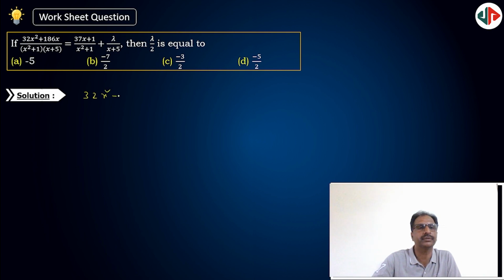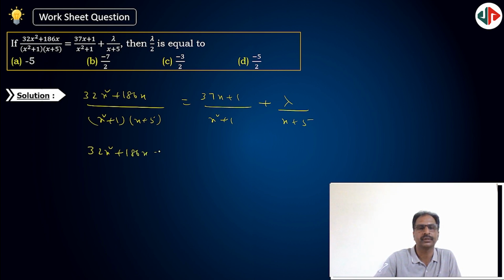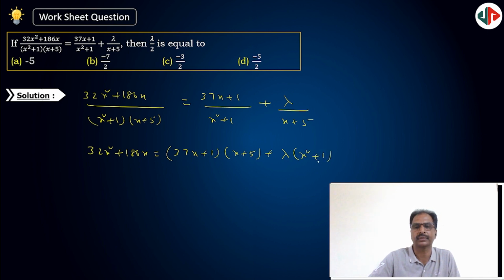Next question. (32x square plus 186x) by (x square plus 1) into (x plus 5) is equal to (37x plus 1) by... plus lambda by... Now, after taking LCM, that LCM gets cancelled and you get (37x plus 1) into (x plus 5) plus lambda into (x square plus 1).